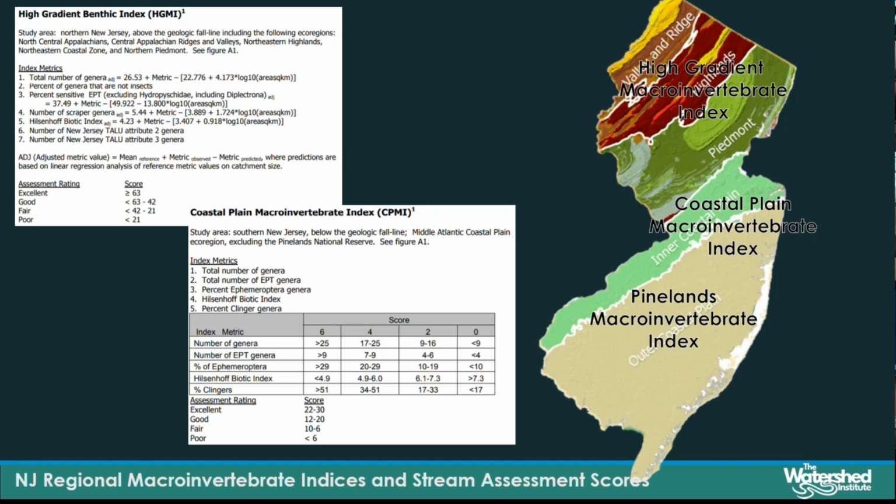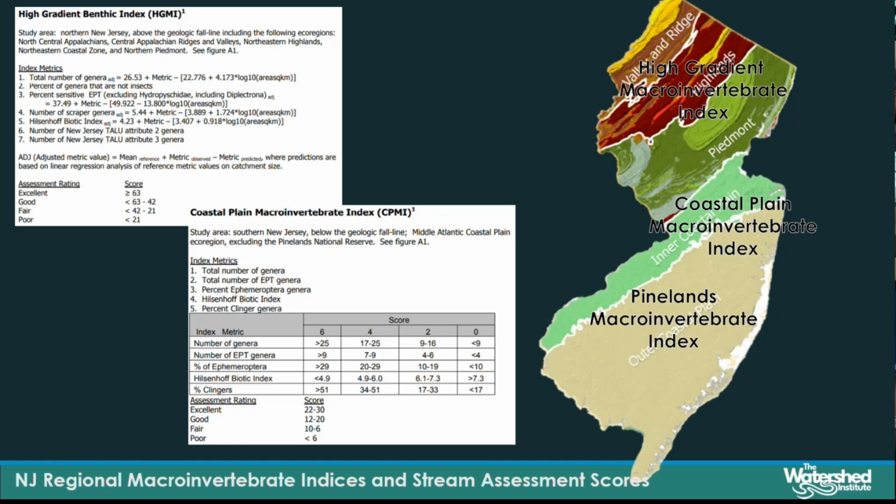But we'll look at things like the total number of taxa, how many of those bugs are sensitive, the average pollution tolerance value, if you've got a lot of clingers, the percent non-insects. All of these things come together to calculate a total score from 0 to 100. That's broken down into 4 categories: excellent, good, fair, poor.